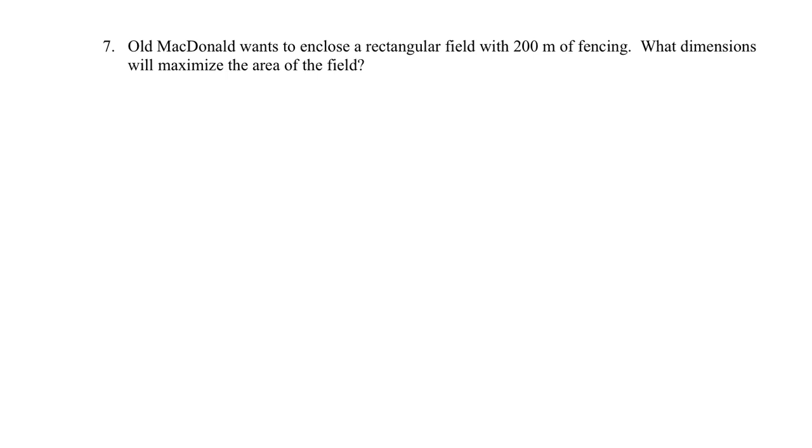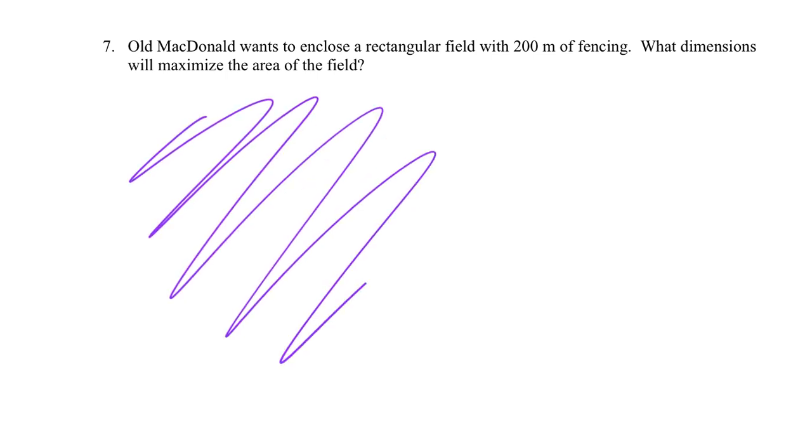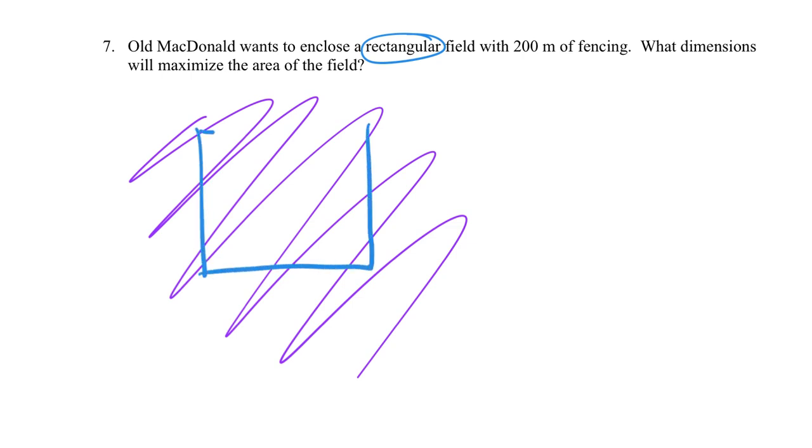Okay, we're back. So we've got Old MacDonald wants to enclose a rectangular field with 200 meters of fencing. So it's like he has this big open field, it's a rectangular field, and he wants to enclose it. So he wants to put up some fence in the shape of a rectangle.